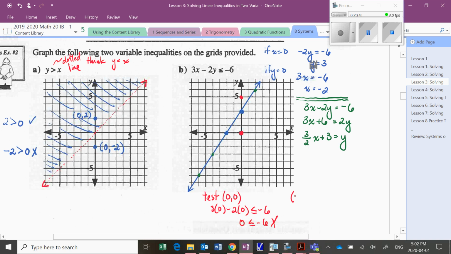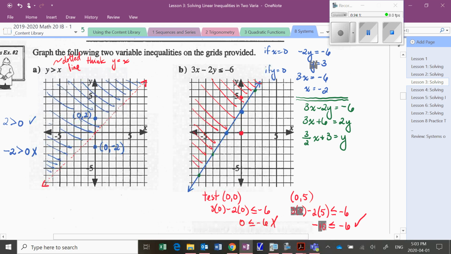So if we test (0, 5), then we've got 3 times 0 minus 2 times 5 is less than or equal to -6, and that would be -10 less than or equal to -6. It is less than -6, so once again we have that top plane as our shaded region.